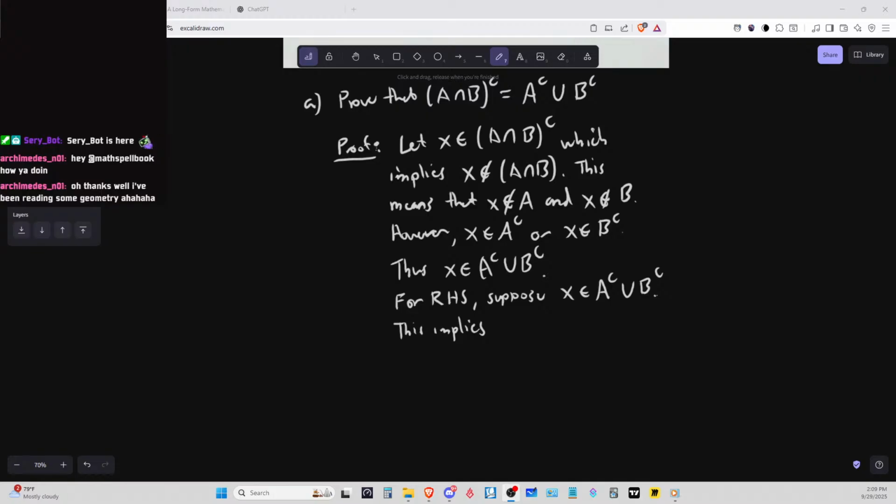For the right hand side, suppose that x is an element of A complement union B complement. I feel like I want to break this down a little bit more, but I don't want to do it in the typical way. Well, maybe this way.